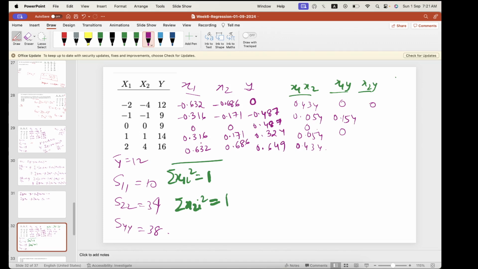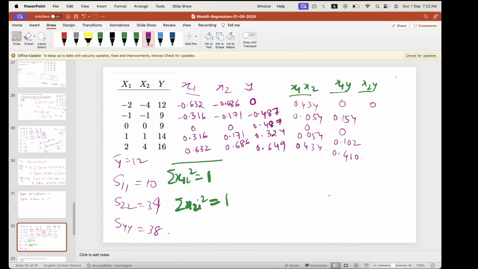This would be 0.316 into 0.324. That would be 0.102, and then again 0.632 into 0.649. That will be 0.410.